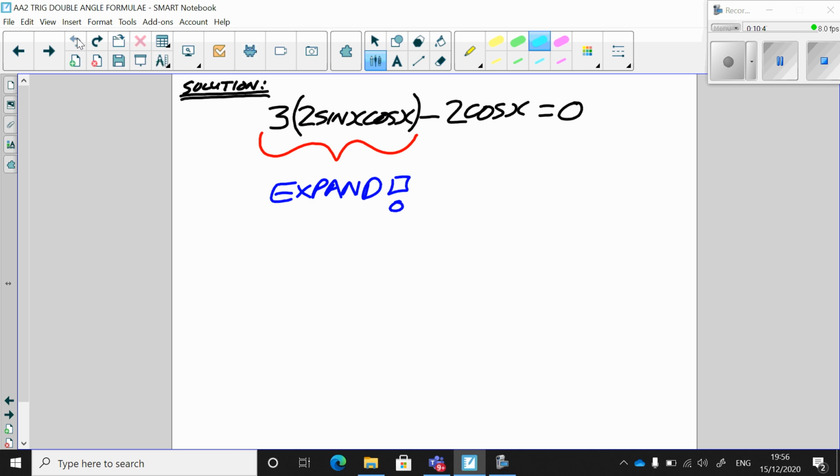That's what expand means, multiply. Done. Now it looks like I'm going for a common factor here. 6 and 2 could have a common factor 2, but I'm not going to take that out, because sometimes when we take out numerical common factors, we can run into mistakes. So I'm only interested in the trig part, the sine or cosine part.